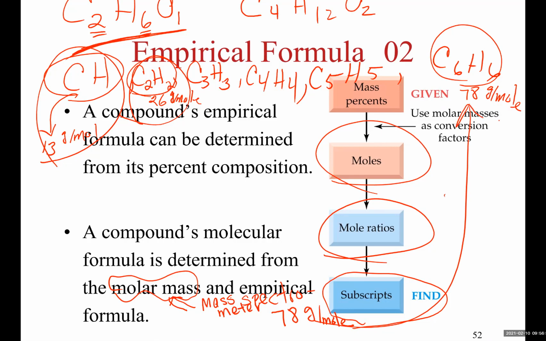Now we say the formula, although the ratio between carbon and hydrogen is 1 to 1, however, the molecular formula, the real formula, is C6H6. So in addition to the empirical formula, we need the molecular mass.